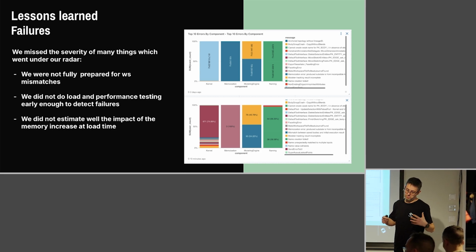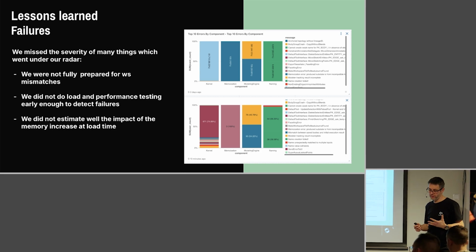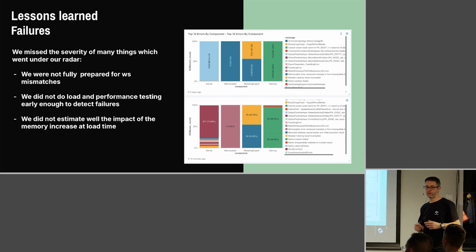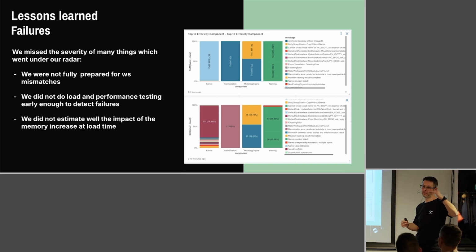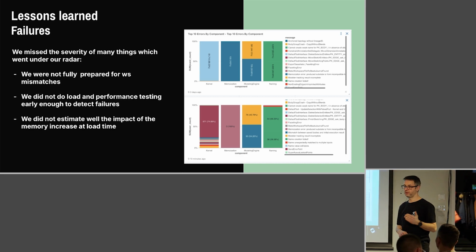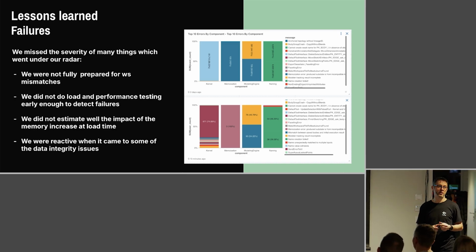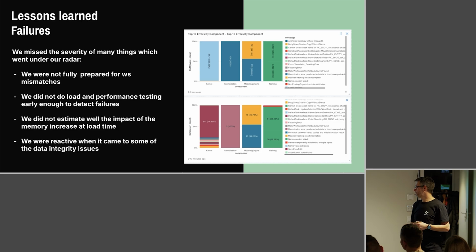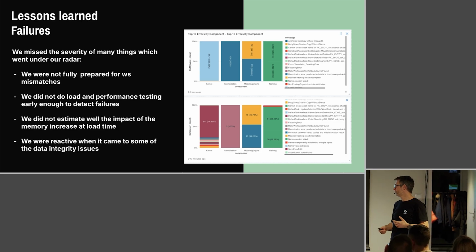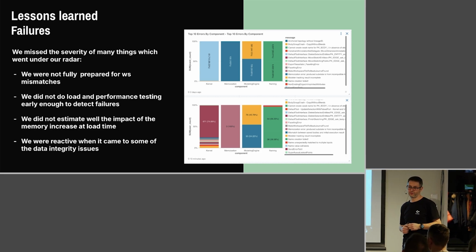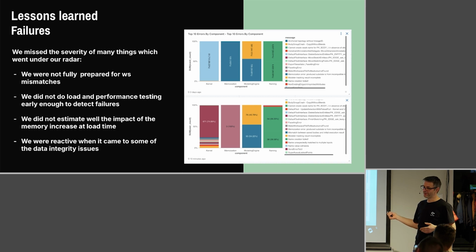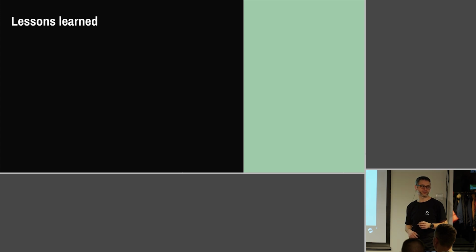We knew that we would consume more memory, but we were not aware that many of the workspaces were already on the edge of our memory limit, so we needed to somehow support those. And of course, we were really reactive when it came to data integrity issues, because it's not an easy thing. Many of these we discovered on the fly, getting feedback from our customers.